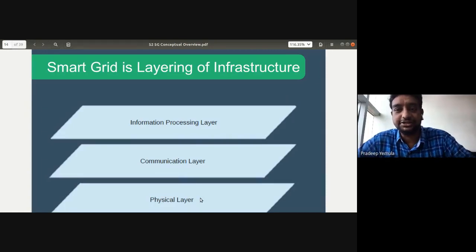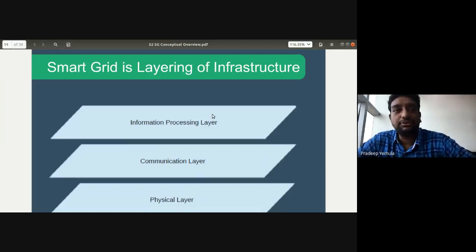Physical layer consists of all the electrical hardware, that is the transmission lines, the generators, the transformers, the motors, the loads, everything, all the electrical engineering hardware systems will be there in the physical layer. On top of that will be the communication layer. On top of that will be the information processing layer. So by layering of this, we can create a smartness.